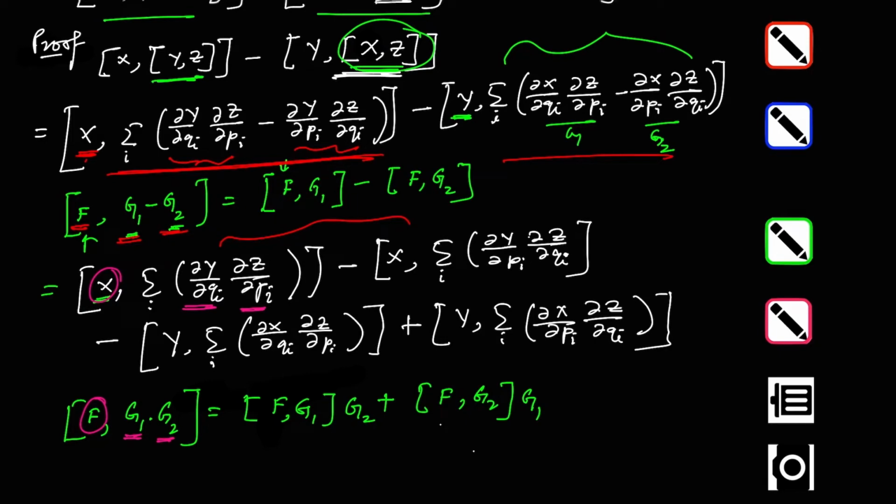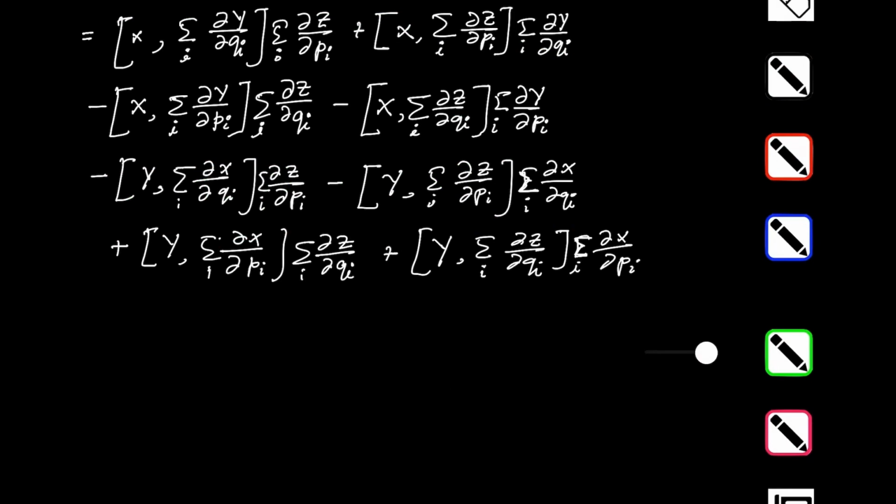Similarly here also this is f, g1, g2, and here also this is f, g1 and g2. Comparing with this identity, let me take another page, I will write the result directly.